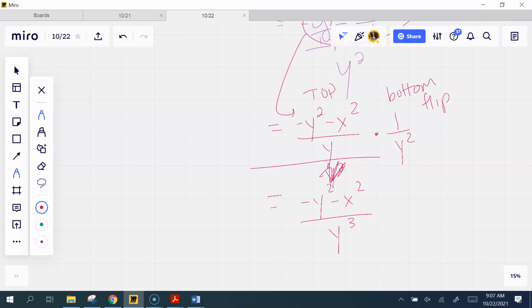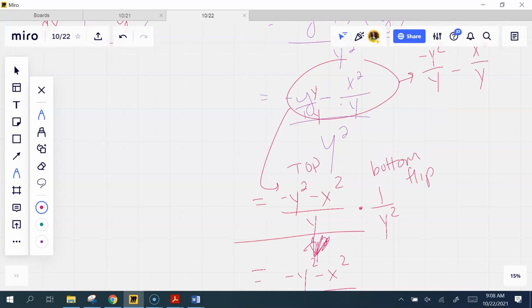Before I got negative 1 y minus negative x times negative x. Okay, that's exactly what we have.